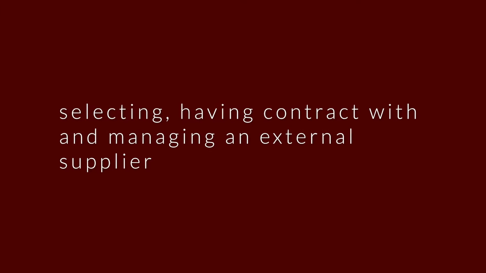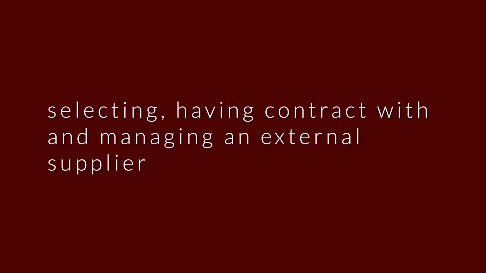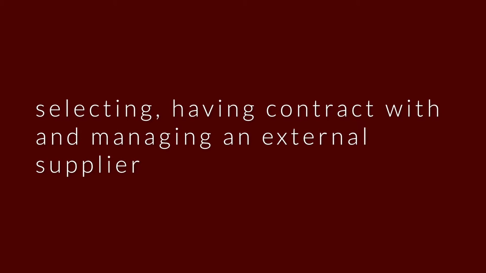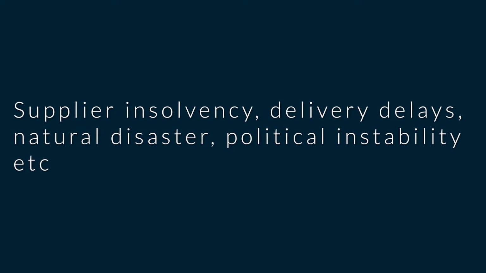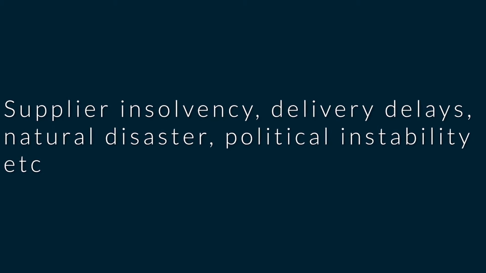These are selecting, having contract with, and managing external suppliers. When deciding whether to go with external suppliers, you also have to look at the supply chain risks involved. In this case, we're talking about things like supplier insolvency, delivery delays, natural disaster, political instability, etc.